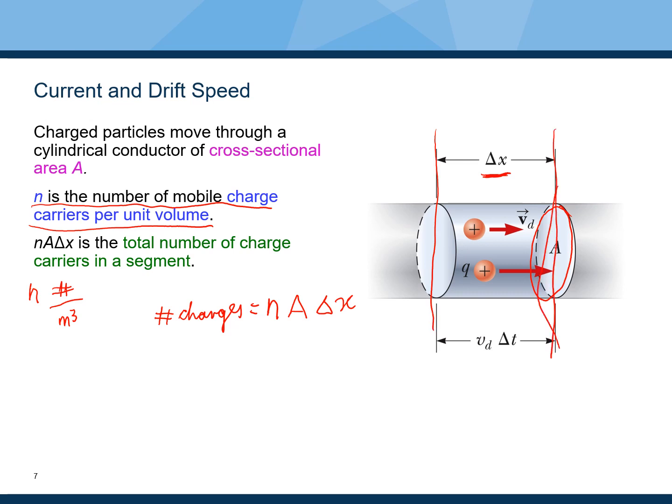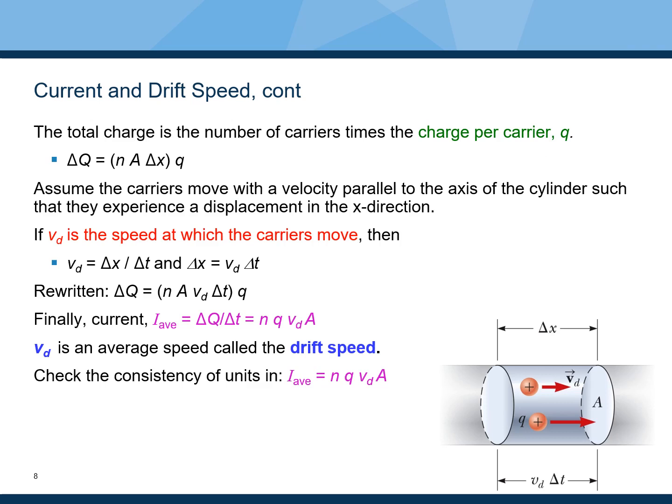Okay? So with this, we can ask how much charge is carried in that object, and it turns out that the charge of each charge carrier is also fixed. So for a particular choice of material, the charge of the charge carrier is fixed, the number density of the charge carriers in that material is fixed, and so N is fixed for a particular choice of material, q is fixed for a particular choice of material.